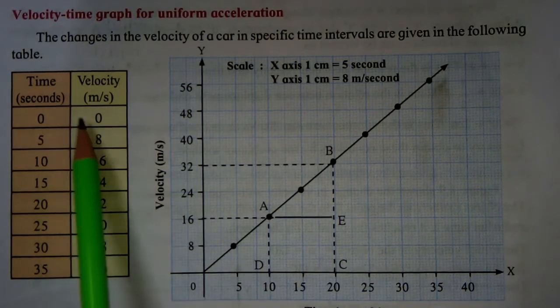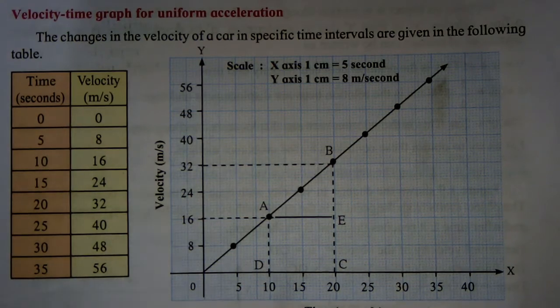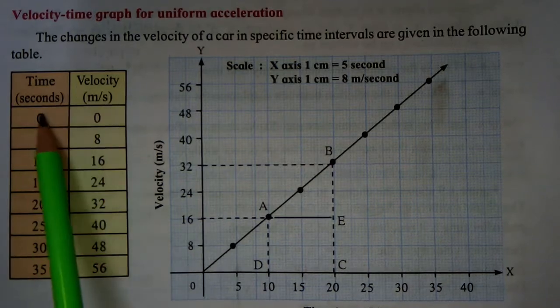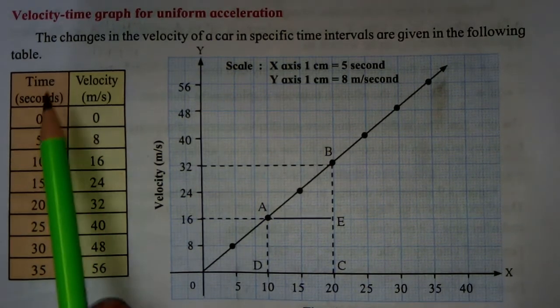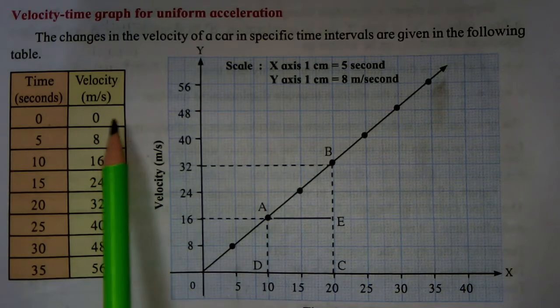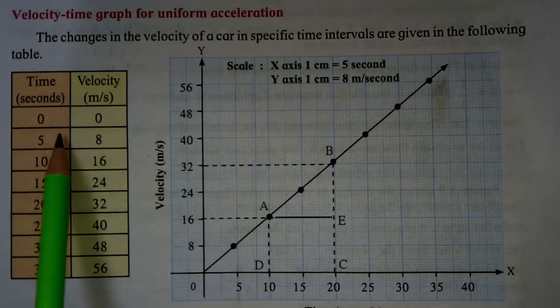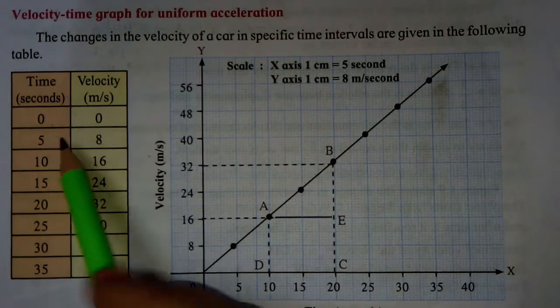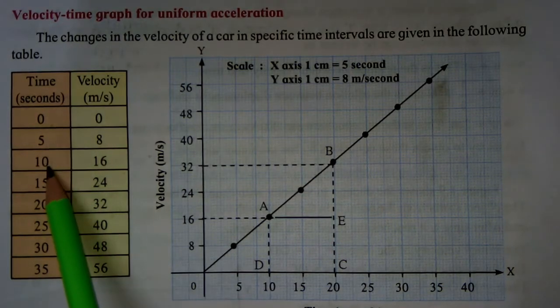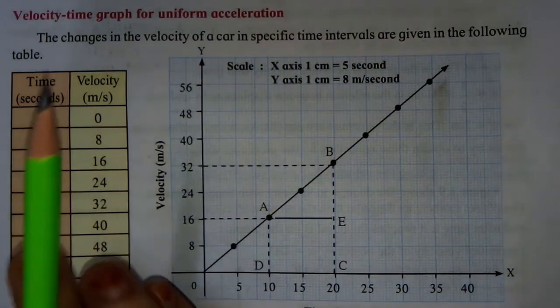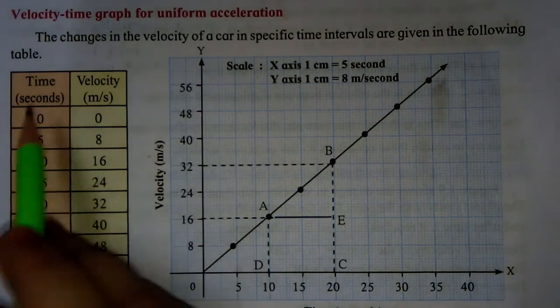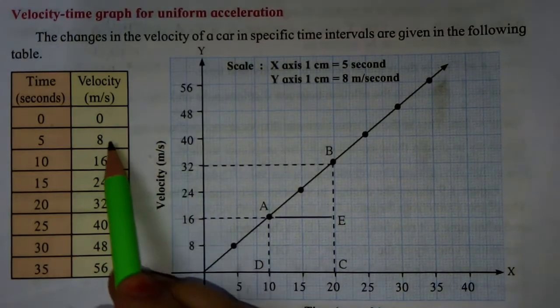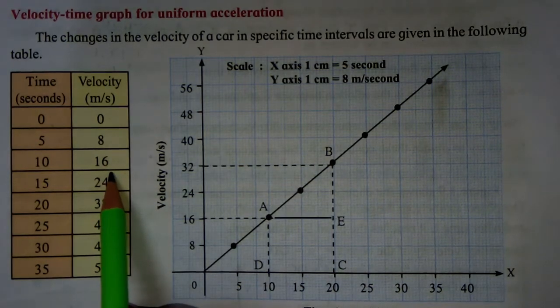The car starts its journey from zero time and zero velocity. The time increases from 0 to 5, 5 to 10, that means in each step there is a 5 second difference, and in velocity there is an 8 meters per second difference.